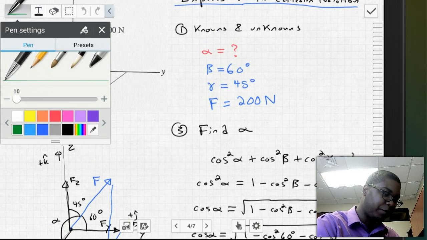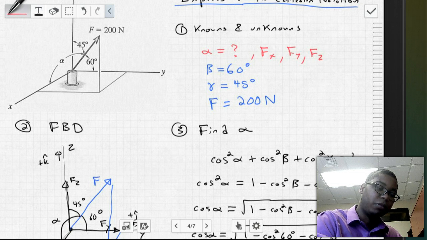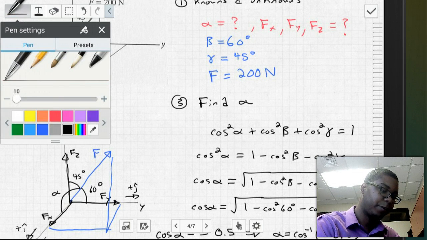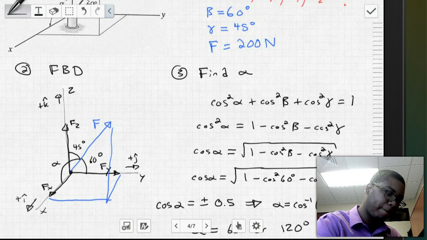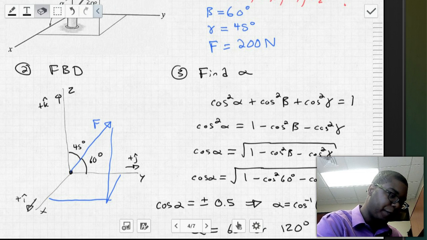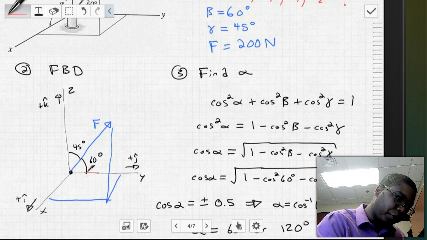Now for this problem, let me go ahead and put in some of the other unknowns that aren't listed here. Fx, Fy, and Fz of this force vector, those are unknowns that we need to find in order to create that Cartesian vector. And let me clean this problem up just a little bit here in terms of changing the color of these unknowns, so it's more clearly distinguished.